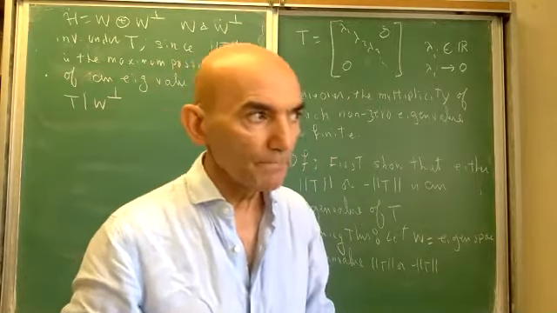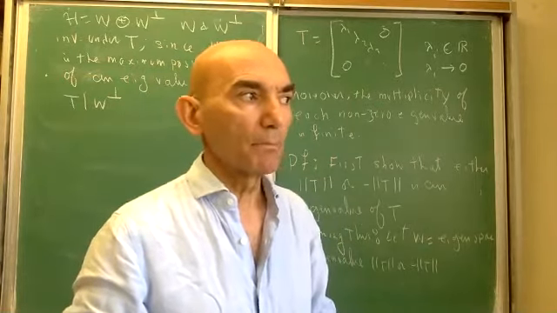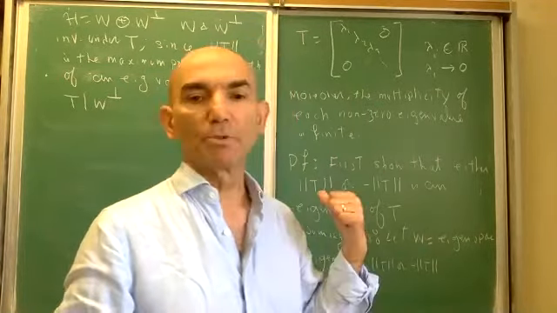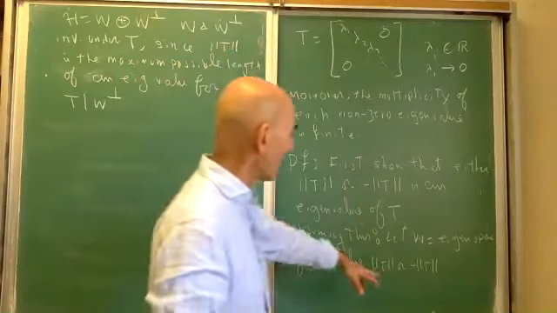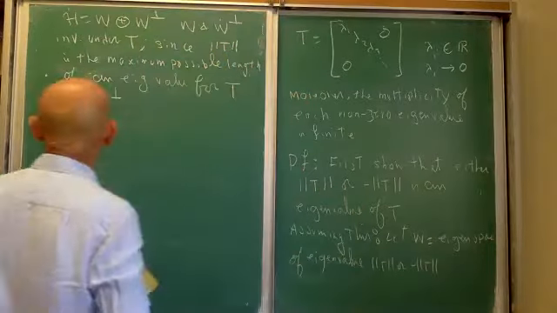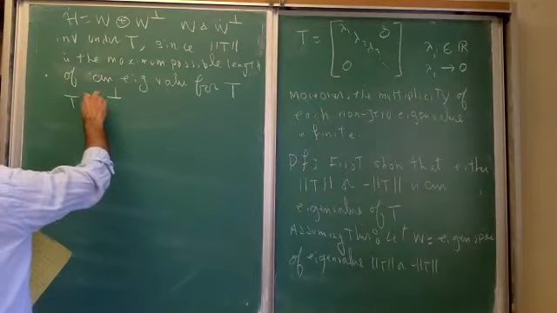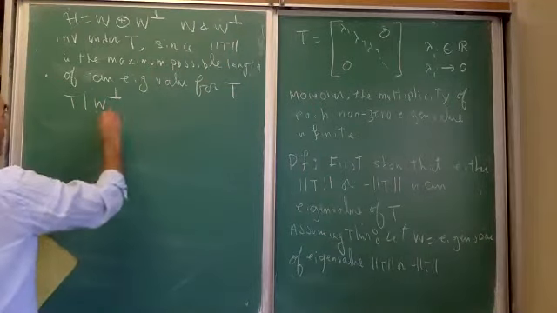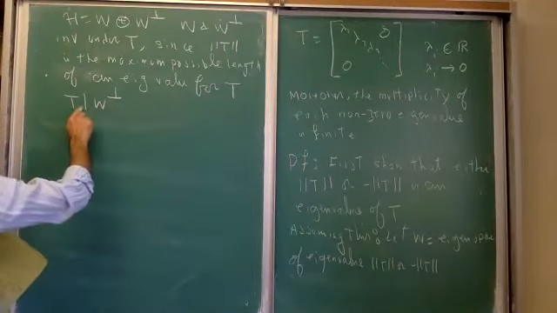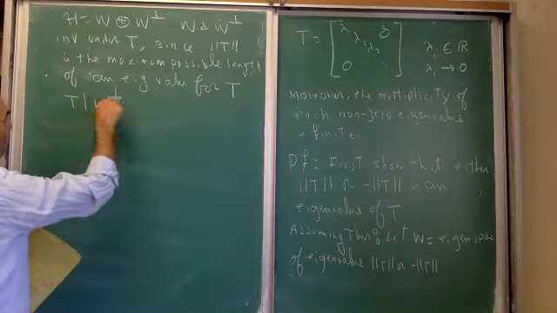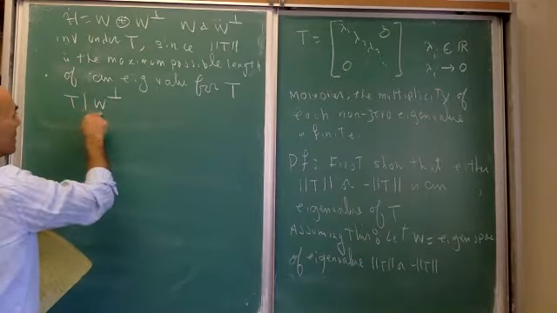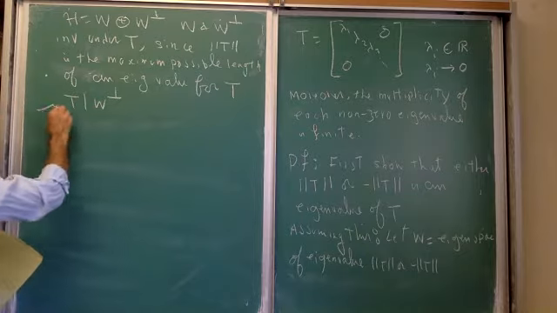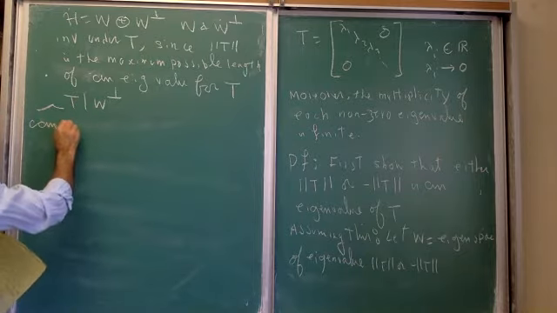It's self-adjoint, and its maximum eigenvalue is going to be smaller than what we have here. So basically now what I'm saying is that we can repeat the argument for this.